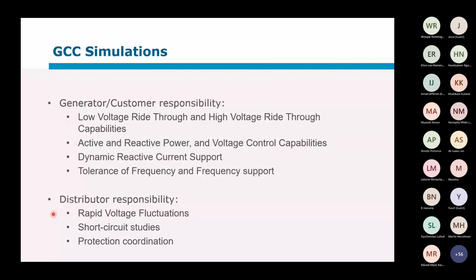That's also, I don't know if you recall, that acceptable network impact. This links back to these rapid voltage fluctuations or changes. So if the network isn't actually strong enough for this generator, it's the distributor's responsibility to propose the network strengthening so that you're not going to have a problem.